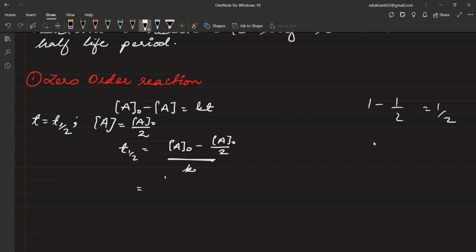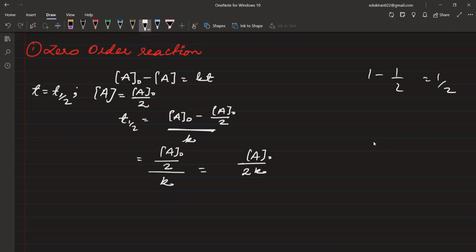So A naught minus A naught by 2 will be equal to A naught by 2, and the whole divided by K. Then what can we write? A naught upon 2K. So T half will be equal to A naught divided by 2K.